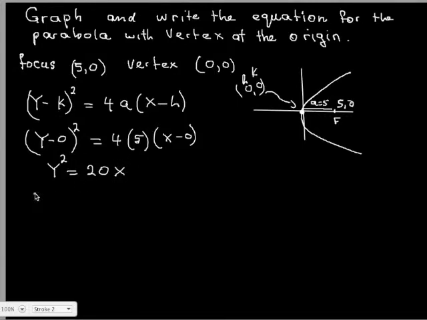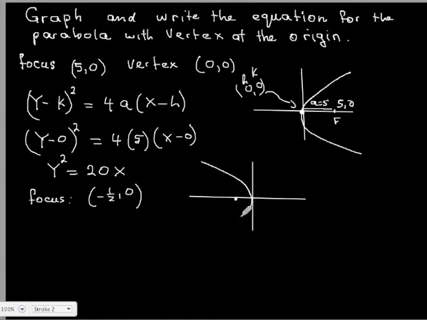Here's another question. Focus is negative 1/2, 0. Again, you want to sketch it out. Negative 1/2, 0 is probably here somewhere. Vertex is still 0, 0, so it's a left-facing parabola. And the equation for the left-facing parabola is y minus k squared is equal to negative 4a times x minus h.